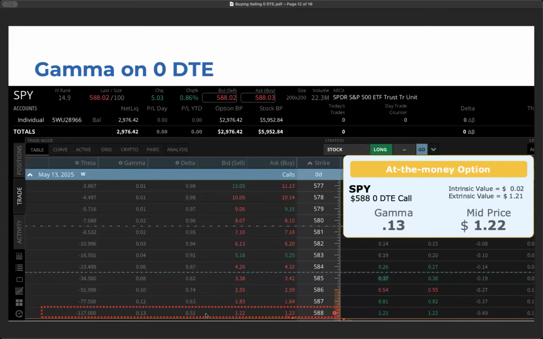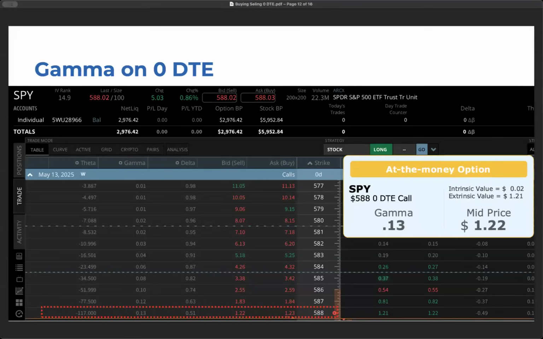So if the SPY were to gain $1, or rather, if it gained $1 effectively right now with all things else held constant, you would earn 51 cents from delta, right? Because delta tells you the sensitivity of an option relative to the change in the stock price. And then you would have to add another 13 cents on top of that for gamma.